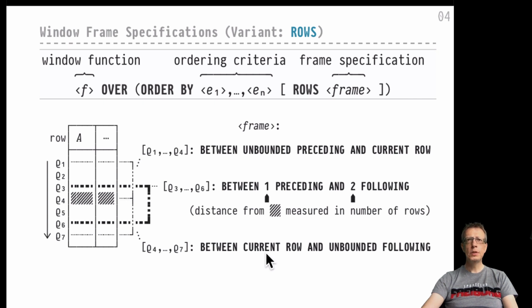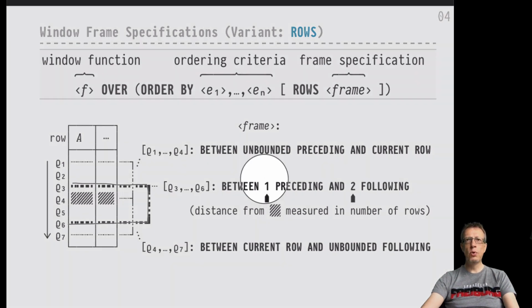The third and last frame depicted on this slide is this frame. Of course it includes the current row, but it starts one row position before the current row and extends 2 row positions after the current row.